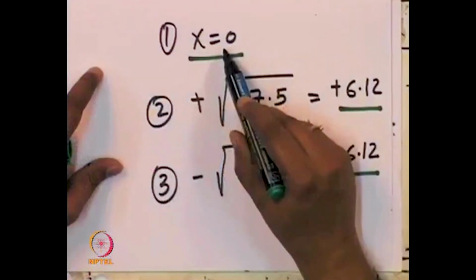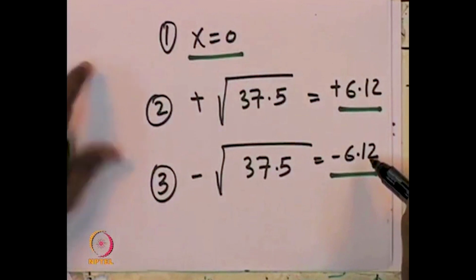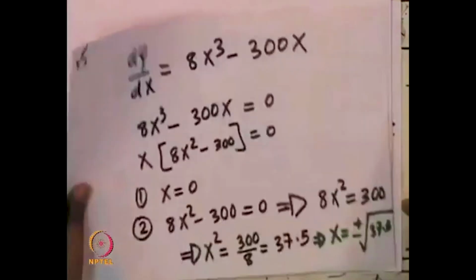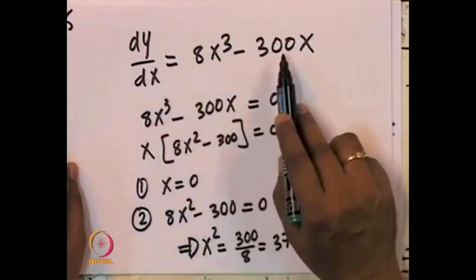Now we will find the second derivative and see whether they are maximum or minimum. Let us have a look here once more. The 3 points we found are x equal to 0, plus 6.12 and minus 6.12, and the derivative we got was 8x cube minus 300x, that was the dy by dx.